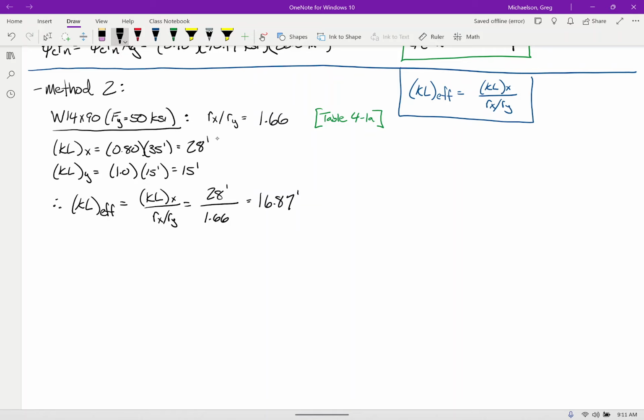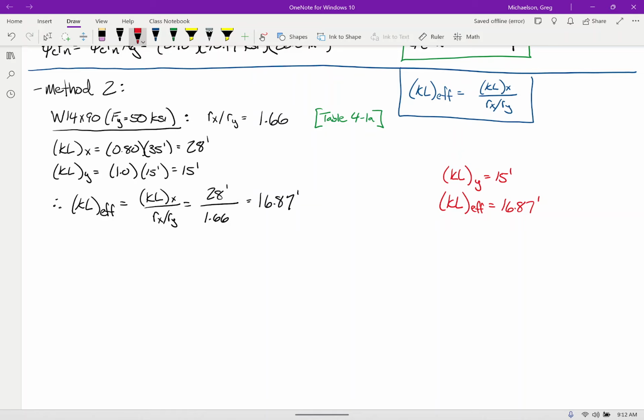Second? Okay. So what we're going to do is compare these two. So this is going to be our weak axis length, and this is going to be our strong axis length. So looking at these two numbers, and remembering that this effective length leads to slenderness, which axis governs for this column, the strong axis or the weak axis?